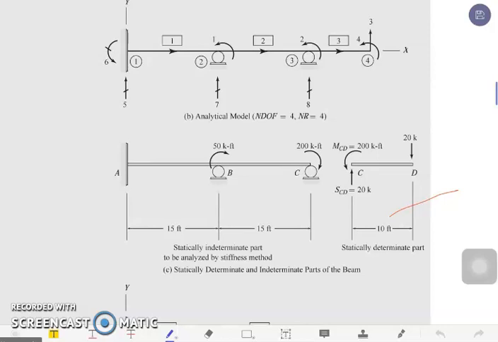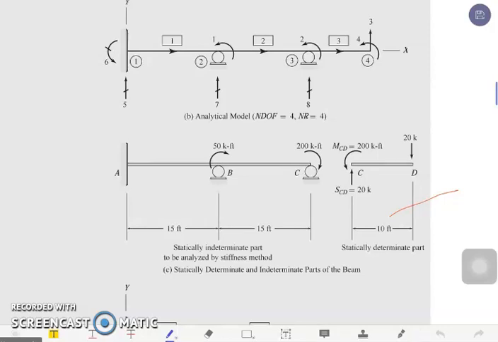Now we have done analyzing the overhang beam, which is a statically determinate structure. We're going now to analyze our statically indeterminate beam, which can be analyzed by the stiffness method.